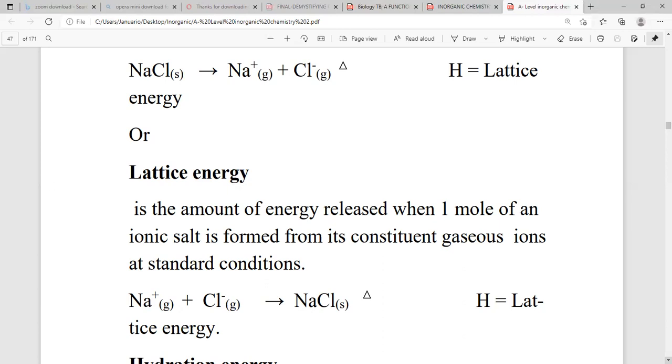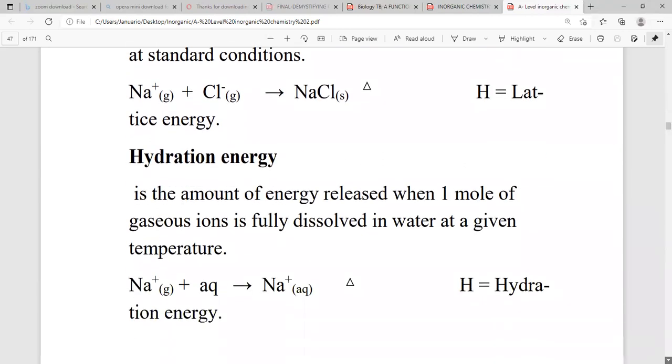If you have bond formation, that is forming a salt from its constituent gaseous ions, then you must use a negative, because a particular amount of energy is released.